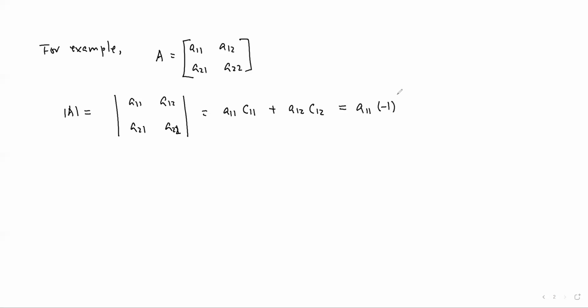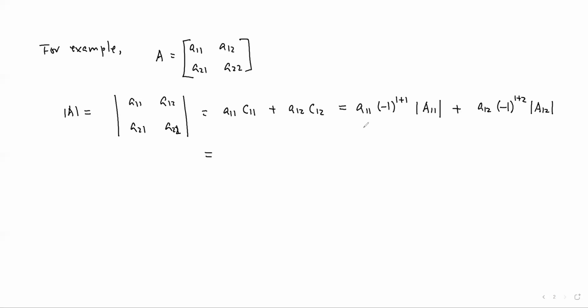Now i and j both are 1, so the power is 1 plus 1, then times determinant of A11, plus the second entry on the first row, A12 times C12. C12 is negative 1 to the power 1 plus 2 times determinant of A12.